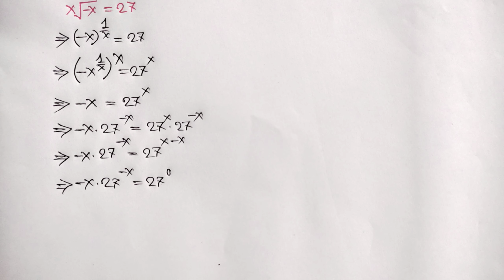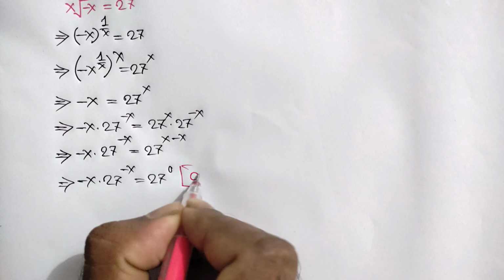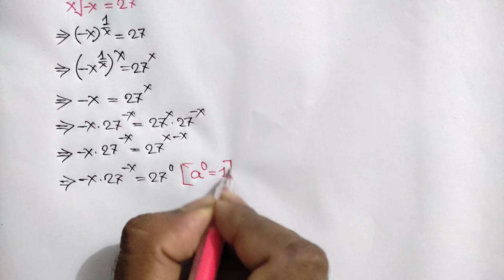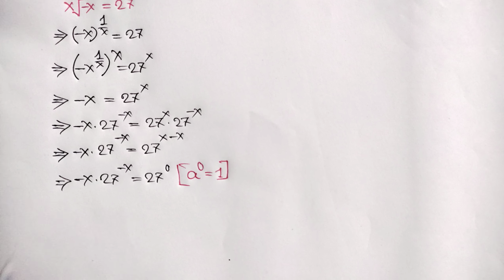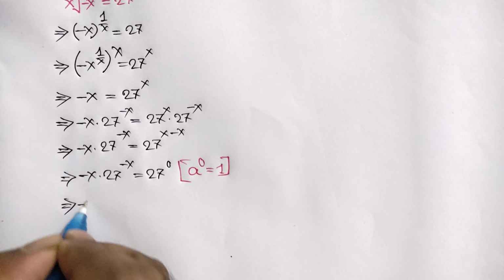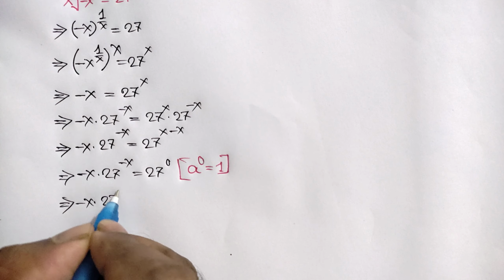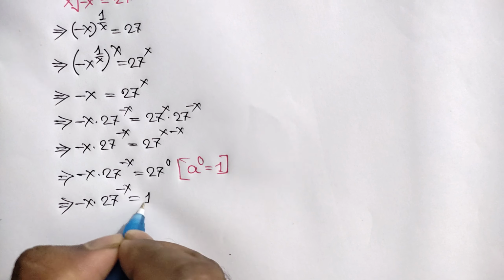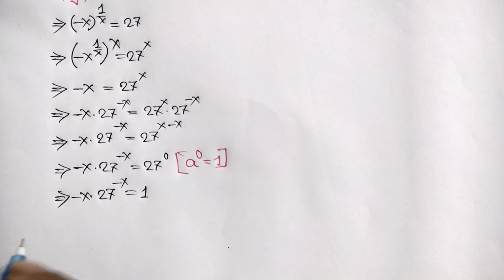Now we know that a to the power 0 is equal to 1, so negative x times 27 to the power negative x is equal to 1.